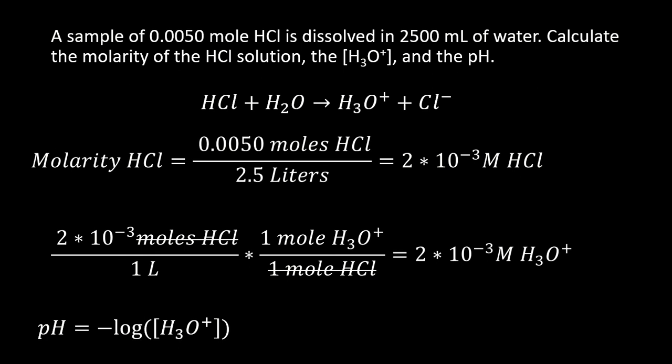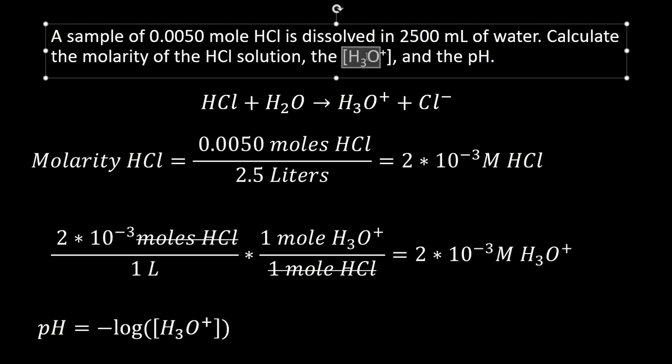Now, essentially, all we did was, because this was an easy 1-to-1 mole ratio of every 1 mole of HCl reacts to form 1 mole of H3O+, the starting concentration of HCl is also the final concentration of H3O+. In other words, that's what the concentration of H3O+ is.